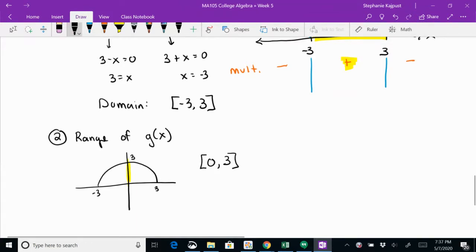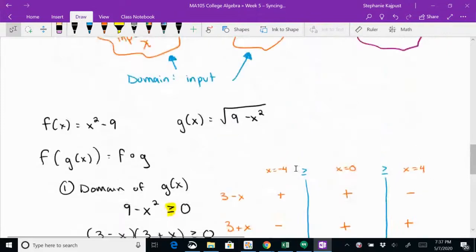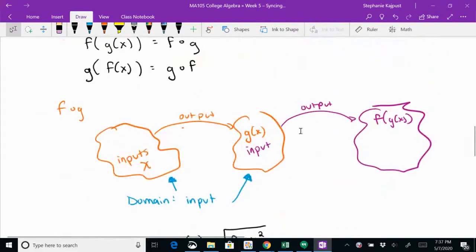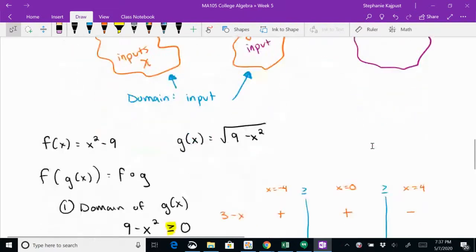So now that is the input into the next function. We just found our output here, and now that is going into f. So our output goes into f, that's the next part.